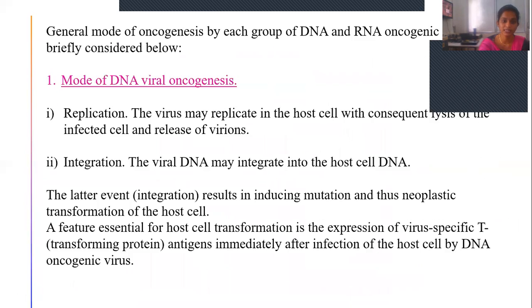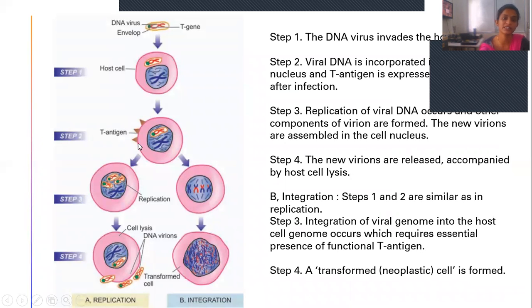So once again, go through this picture briefly. Once the virus enters the cytosol, the DNA virus enters the nucleus, where it will undergo replication or integrate into the host cell DNA, only in the presence of specific T cell antigen.